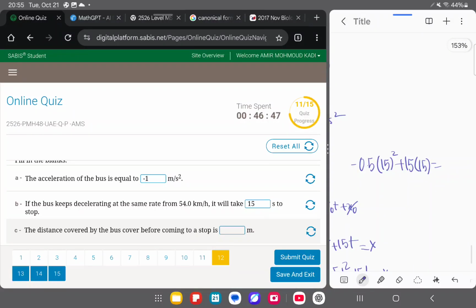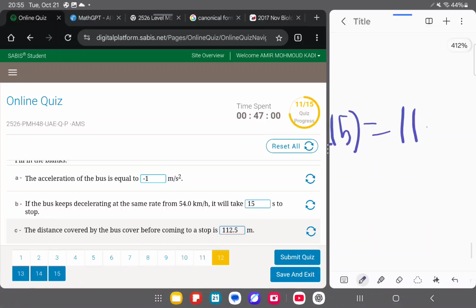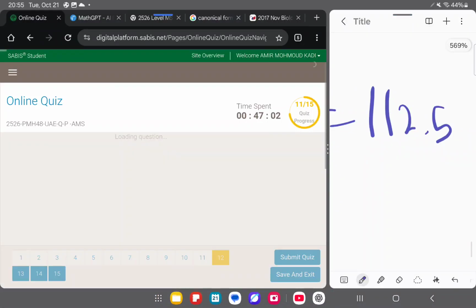So you just have to do 15 squared times minus 0.5 plus, again, 15 squared, which is 112.5. So you get 112.5 as our answer.